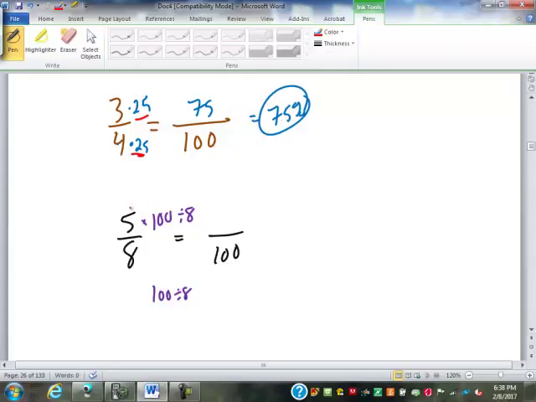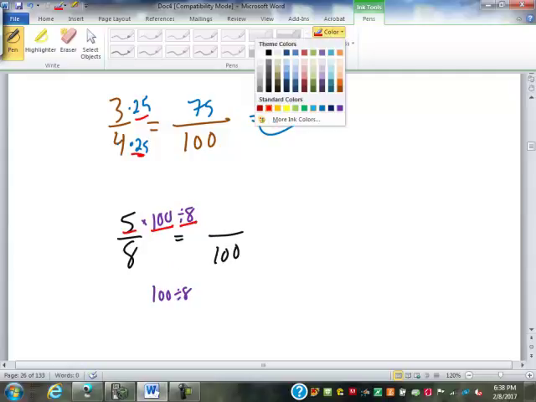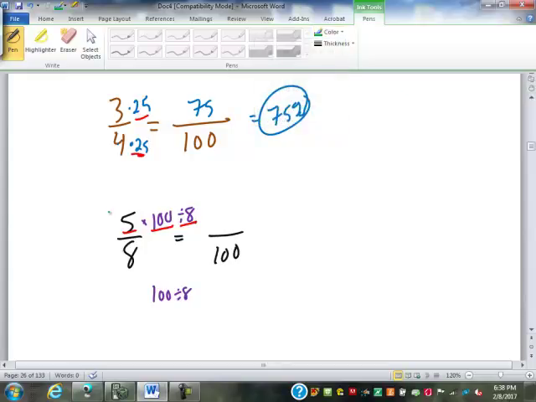So if you look at what we did here, this is 5 times 100 divided by 8. When we have numbers set up in a proportion like this, the shortcut is that there's two numbers that are always going to be on a diagonal with each other. The 5 and the 100. Those two get multiplied, 5 times 100.